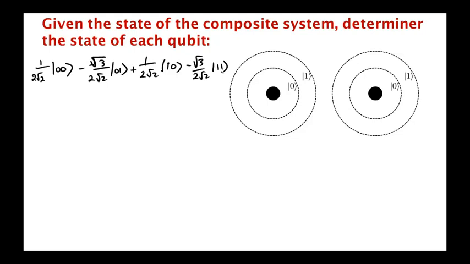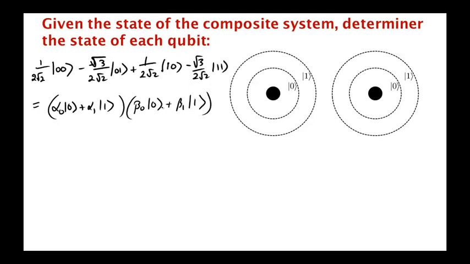Well, the answer is clear. What you would do is you take the state and you would factor it in the form alpha 0 |0> plus alpha 1 |1>, times beta 0 |0> plus beta 1 |1>. And this factorization may not be unique, but we don't care about the overall phases.